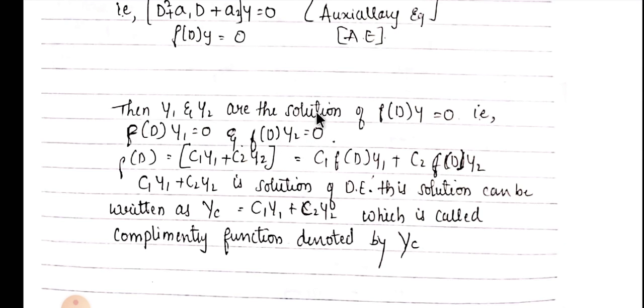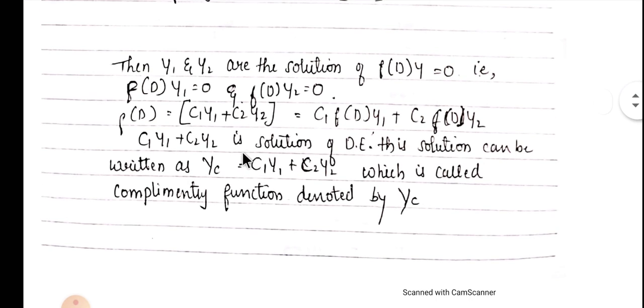For the auxiliary equation, I am going to write the complementary function with those roots whatever I get, that is called c1 y1 plus c2 y2. Here c1 and c2 are the constants.